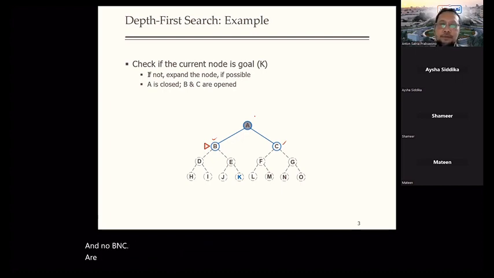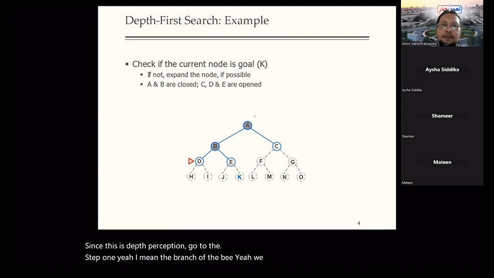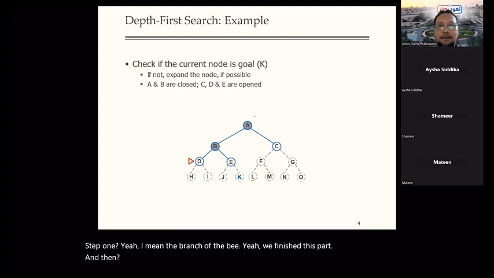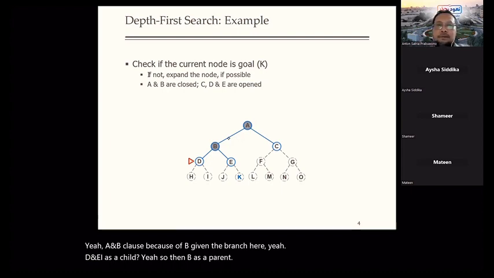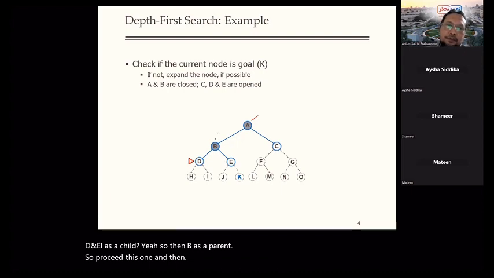In the next step, since this is depth first search, we go deeper, to the branch of B. Then A and B are closed, because B gives the branches D and E as children, with B as the parent. C is still open.